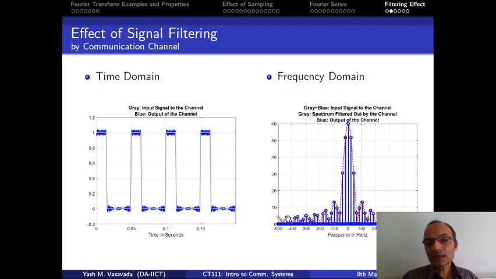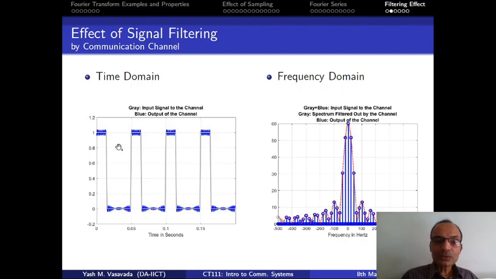And therefore, at the receiver, instead of getting a nice rectangular pulse shown in the gray, I get a smeared out version, almost exactly like the Gibbs phenomenon, because here in the frequency domain, I have truncated the Fourier transform.